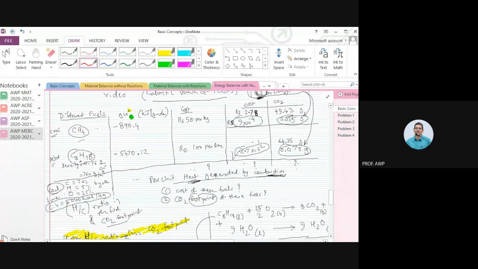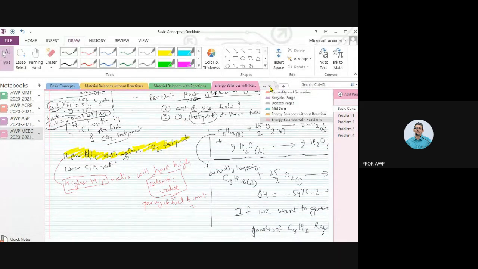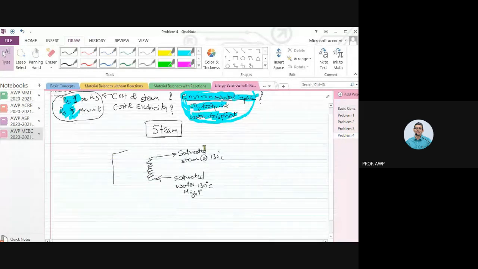Heat of reaction is one thing, but calorific value is in terms of per kg of fuel burnt. So do Google, find out the calorific value of different fuels and check what is the connection between H by C ratio and the calorific value. All I'm trying to say is you can find answers for yourself.